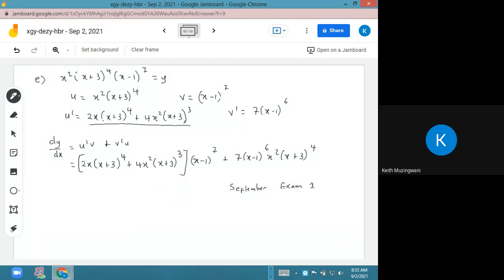Here you can have difficulties. October month end, exam 2. Here, if you have difficulties in 1, you need to improve. Then the last exam will be November, which will be exam 3. And November is our last month.